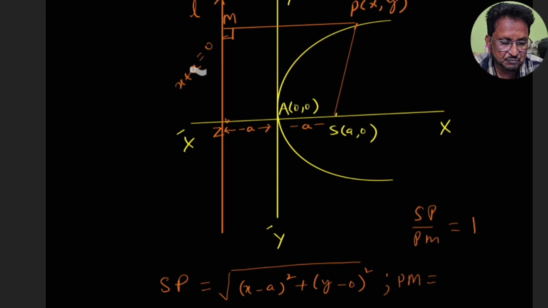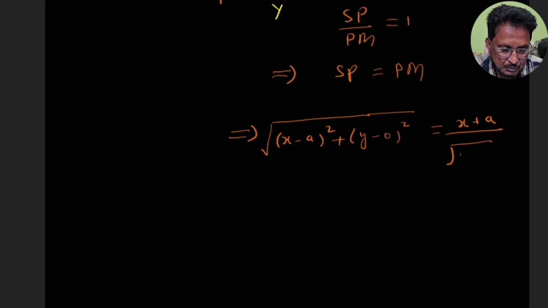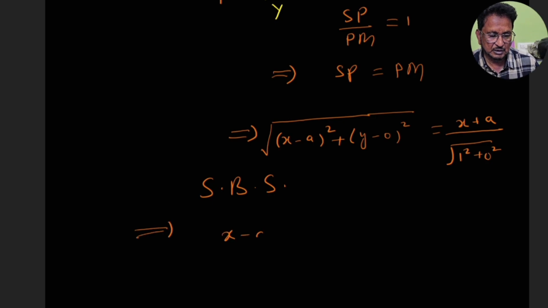Now take PM. From P (x, y), if you draw a perpendicular on the directrix, the distance PM can be taken as mod of x plus a by square root of 1 square plus 0 square, because the coefficient of x is 1 and the coefficient of y is 0.